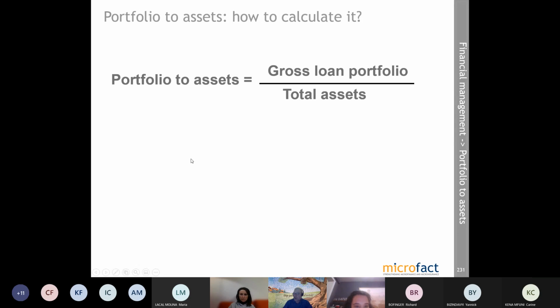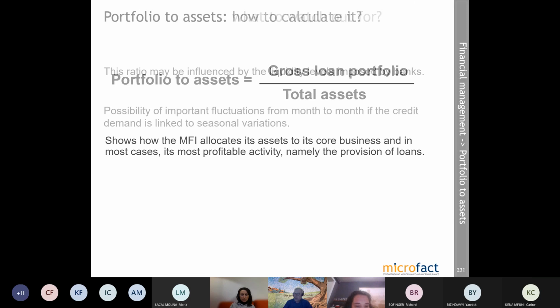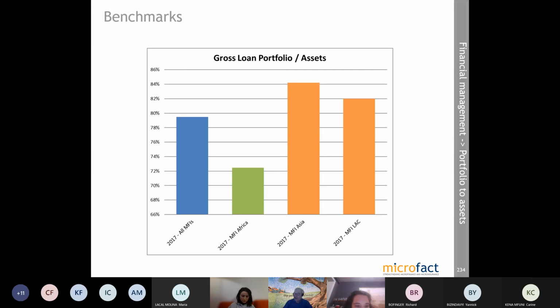In general, you just take the portfolio, divide by assets. It's a very straightforward, very simple indicator. It doesn't require much explanation. And I told you 80% is considered as an average. Credit-only organizations sometimes tend to go to 80 to 90% even. And here you see the scale doesn't start at 0.